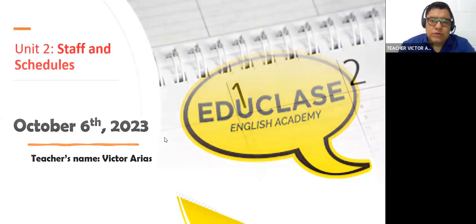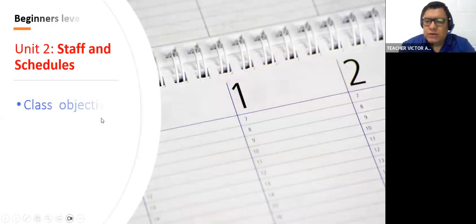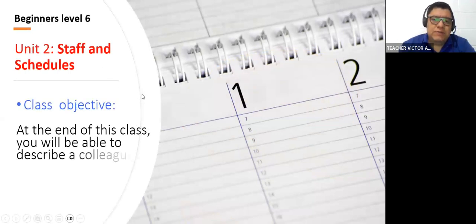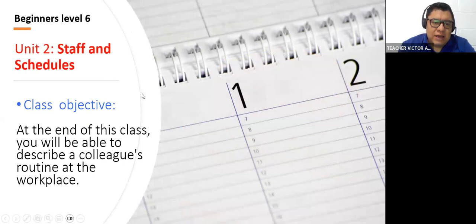For today, guys, we'll continue with unit 2, which is about staff and schedules, right? The idea is that you're able to describe a colleague's routine at the workplace.